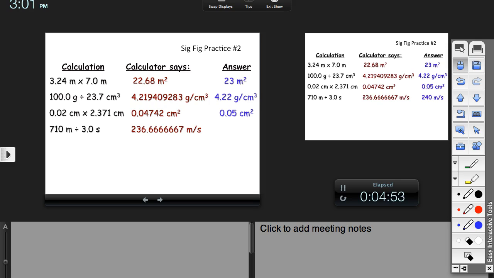A lot of you got it right, but a lot of people wrote down 24. 24 and 240 are not the same. The answer is 240. You understood that you could only have two significant figures.